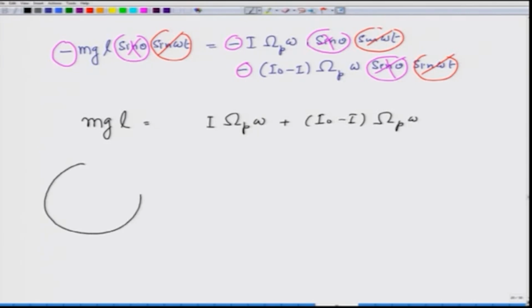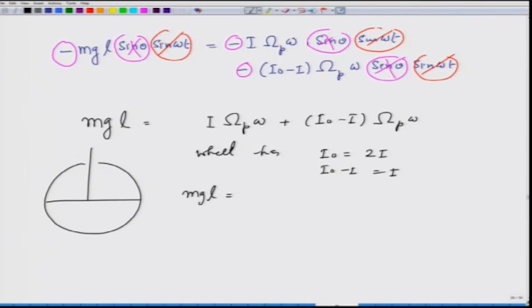Now, this wheel, by the perpendicular axis theorem, whether it is a wheel or a disc, has I 0 equals 2 I, and therefore I 0 minus I is also I. So, we have m g L is equal to I, where I is the moment of inertia about a diameter, omega p omega times 2, and this immediately gives you that precession velocity omega p is equal to m g L over 2 I omega.